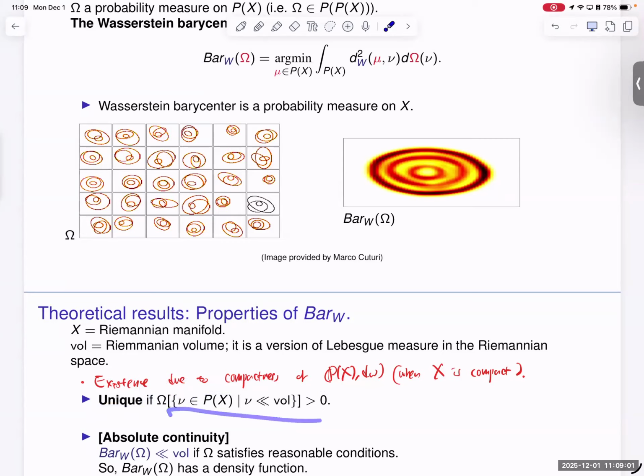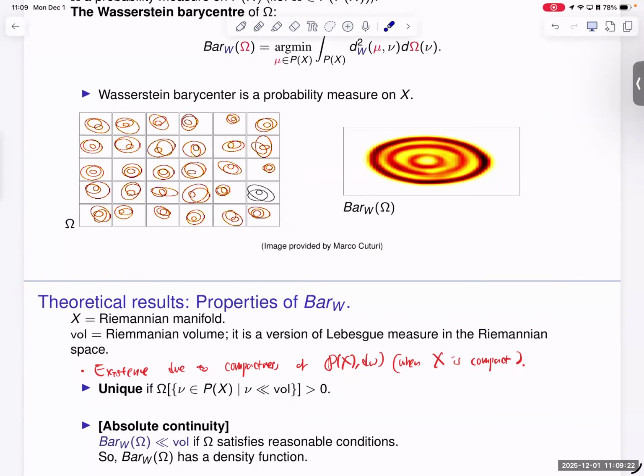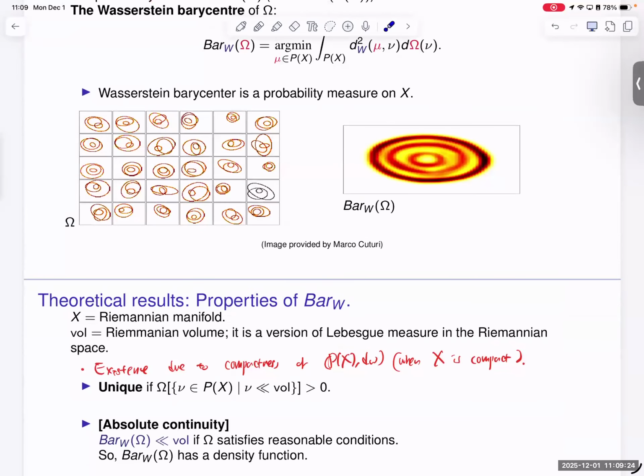And this assumption is very similar, actually essentially the same, as the assumption in Brenier's theorem, that you need the source measure to be absolutely continuous, then your optimal transport is uniquely determined. So it's the same principle why we have such an assumption. And then after uniqueness, you want to understand the features of this Wasserstein barycenter more.